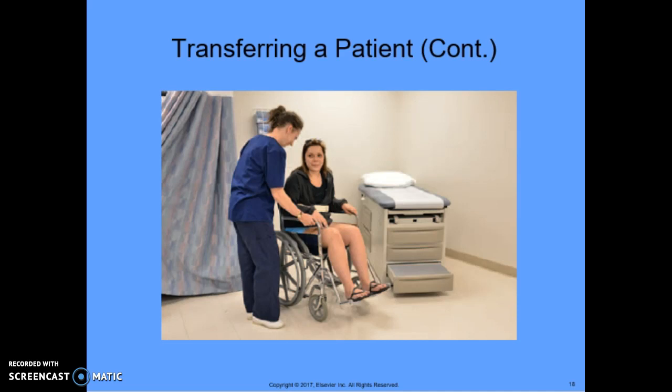You must lock the wheels and lift the footrest so that that patient can get out of the wheelchair. And then you want to make sure that you are giving them support. Again, in this case, it's very good to use a transfer belt in order to transfer that patient. You can also use a method where you put the arms underneath the axillary area and do a 1, 2, 3 count, and we'll talk more about that.